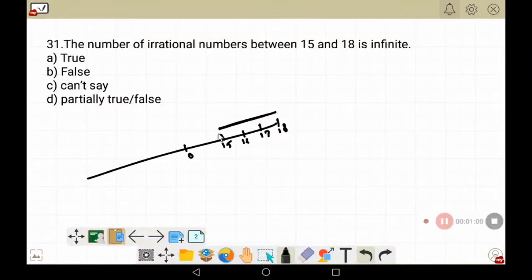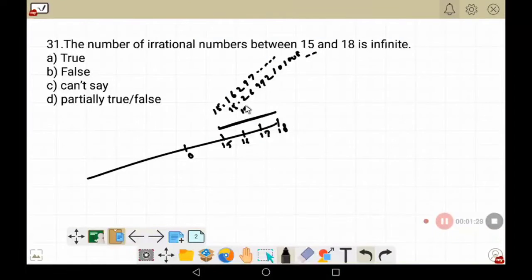Can you tell me any number that comes after 15 that is an irrational number? Yes, 15.16297 dot dot dot. Can you tell me what number can be written as an irrational number after this one? 1.269721010008 and so on. There is no pattern and it is non-terminating.